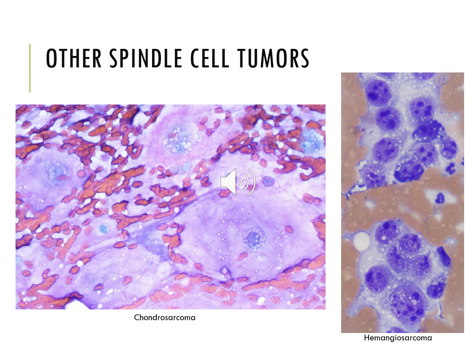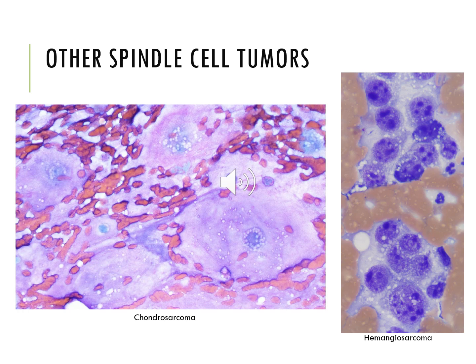So a couple other spindle cell tumors that I wanted to discuss are chondrosarcoma, which we see in the right image. And so with this, we have these atypical spindle cells, which the borders are hidden by all of this eosinophilic matrix that it's producing, which is very common to see with chondrosarcomas.